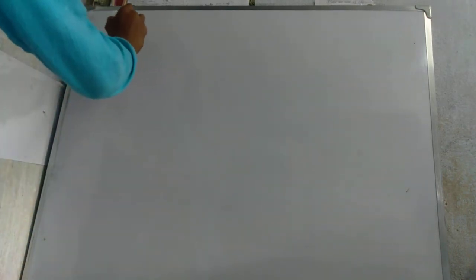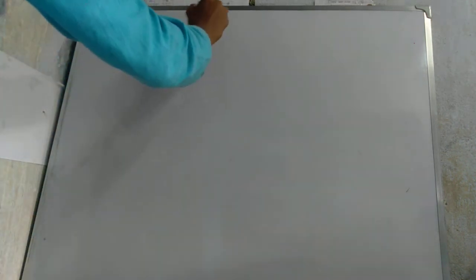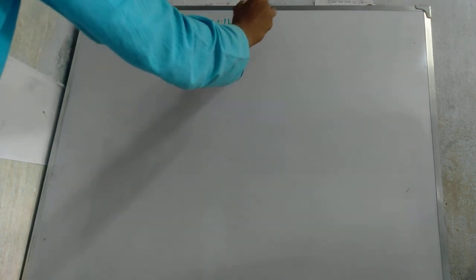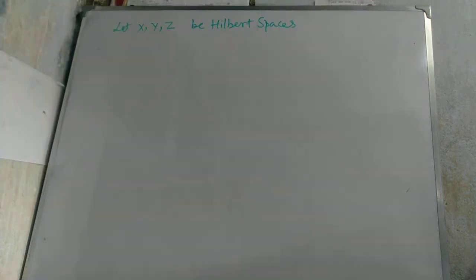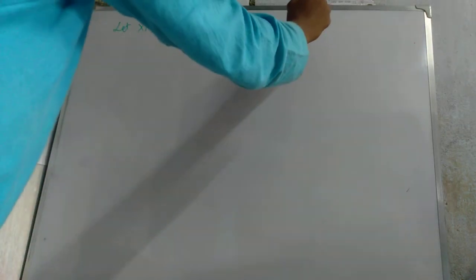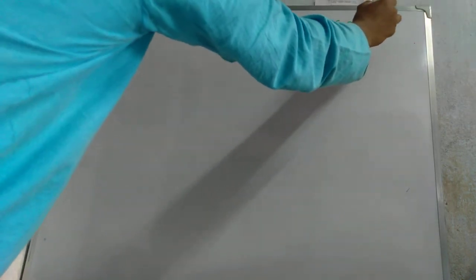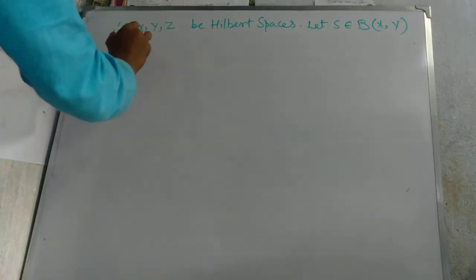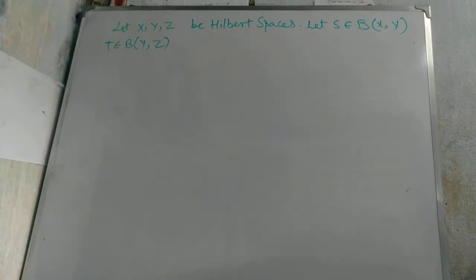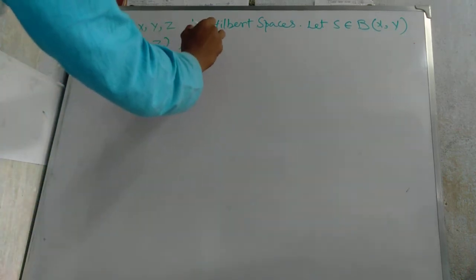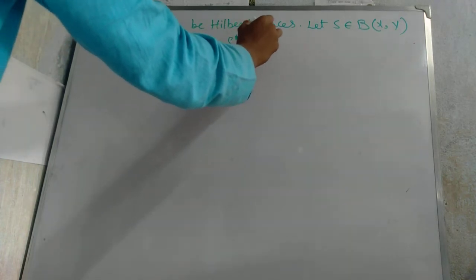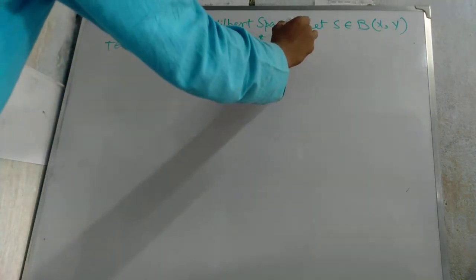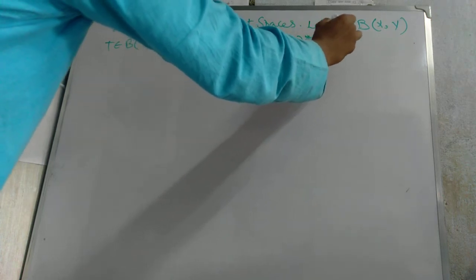These properties: let X, Y, Z be Hilbert spaces, and let S belong to B(X,Y) and T belong to B(Y,Z). Then S adjoint, T adjoint and (TS) adjoint exist.